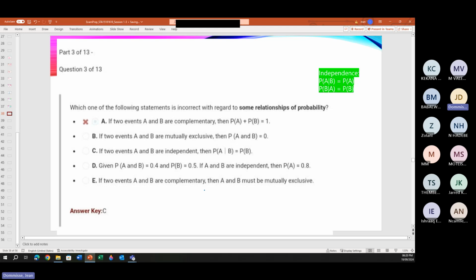Okay, this also, as you can see, comes out of a previous assignment. So which one of the following statements is incorrect with regard to some relationship of probability? Okay, so let's see. If two events A and B are complementary, then probability of A plus probability of B is equal to 1. Okay, so that is correct.